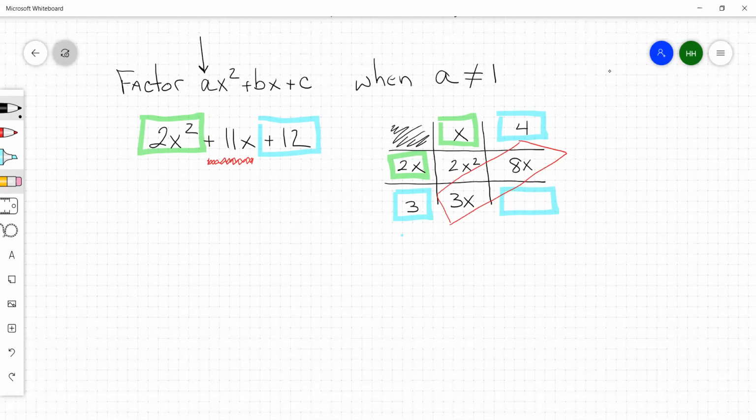Then the 3 in blue times the 4 in blue gives us a 12, and that's the 12 we're looking for. Since everything is positive, all of our factors are going to be positive. So we take the 2x in green and the 3 in blue, and we rewrite it as 2x plus 3. We take the x in green and the 4 in blue, and we write it as a binomial, x plus 4. So there's your factored form of 2x squared plus 11x plus 12.